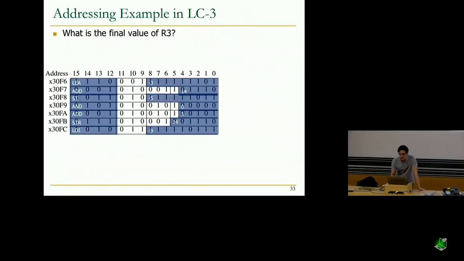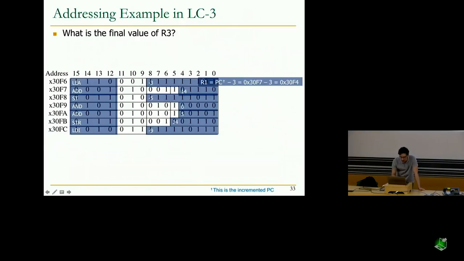So the first one is LEA, a load effective address. Recall that in load effective address, what we do is store the result of adding the PC plus some immediate operand into a destination register. And here, the destination register is R1.